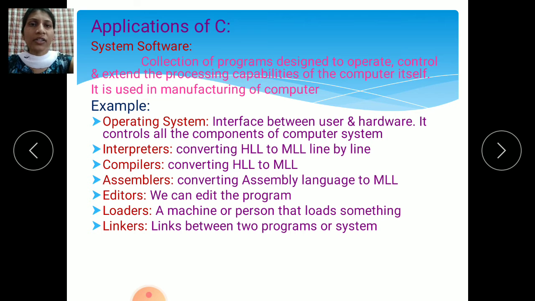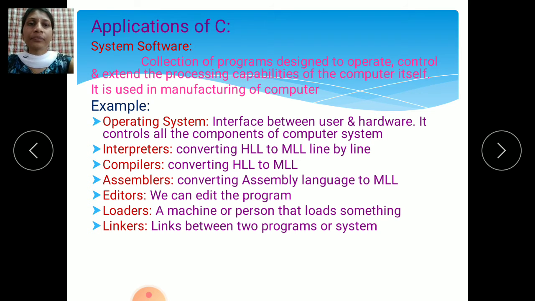So whatever English-like statements you have written in code will be converted into machine level language, the binary format, 0 and 1. We will see this conversion later, how we convert English-like statements into binary format.